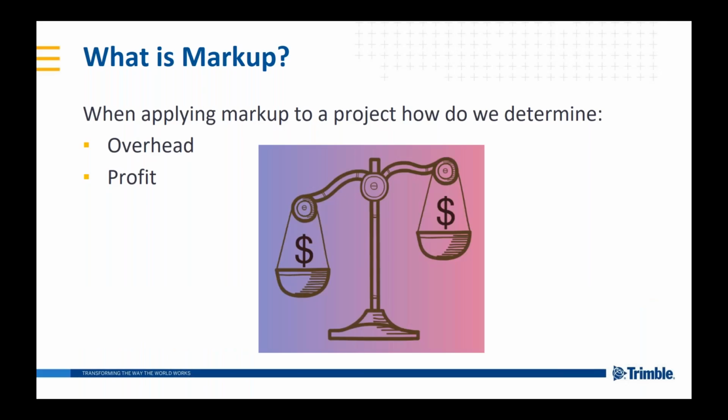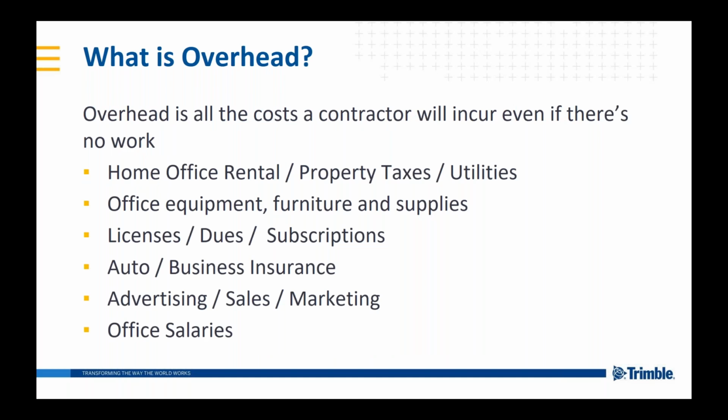So how do we mark up the costs that are contained in our estimates? Markup is really comprised of two things, overhead and profit. And we need to really look at those two things separately, in my opinion. So let's talk first about what is overhead and then what is not overhead. Overhead is all the costs that a contractor incurs, even if there's no work.